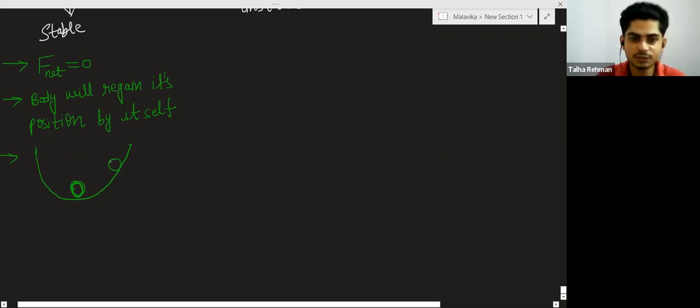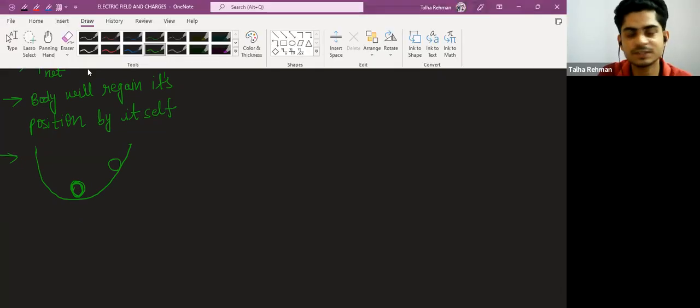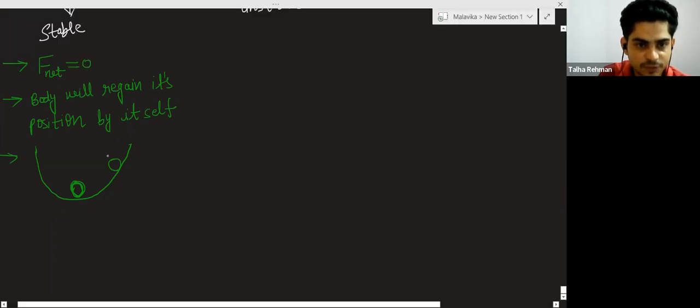This ball will try to reach here, right? It will try to regain its original position. Is it fine? Yes, sir. This is not physics, it is a general question. So this ball will try to move back to its original position.